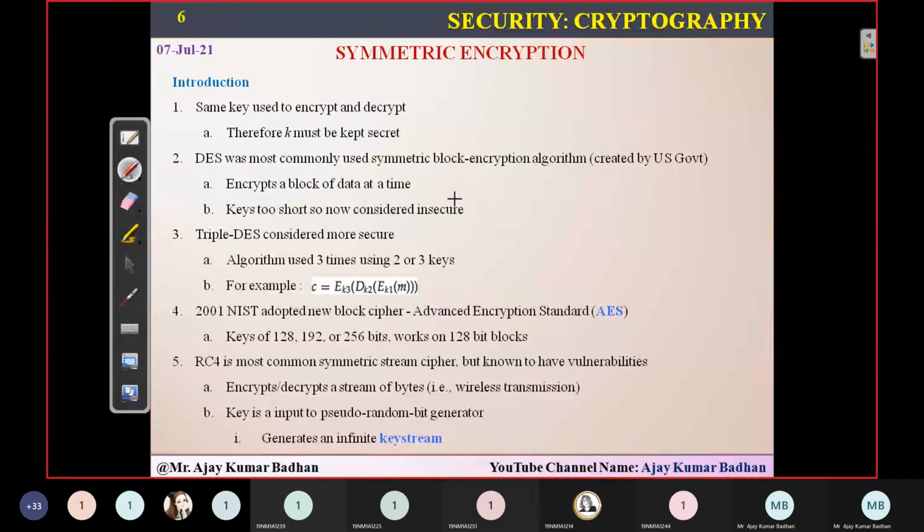Earlier there used to be only a single key. Somehow they managed to get that key and decrypt it. But now since you are using three different keys, they would need all three keys to get the actual message, and they will not be successful in getting it.